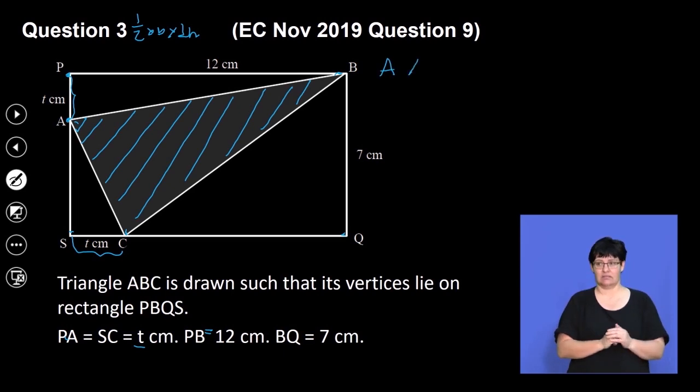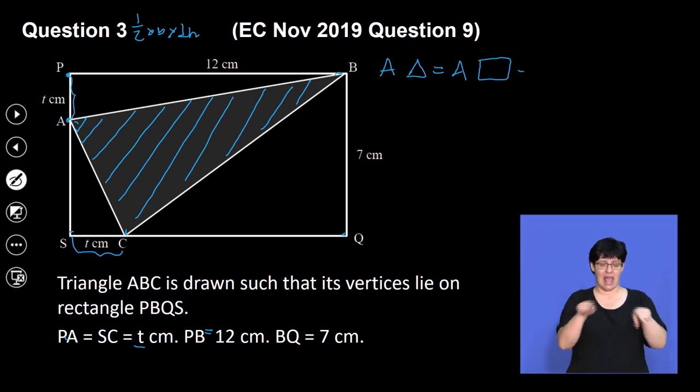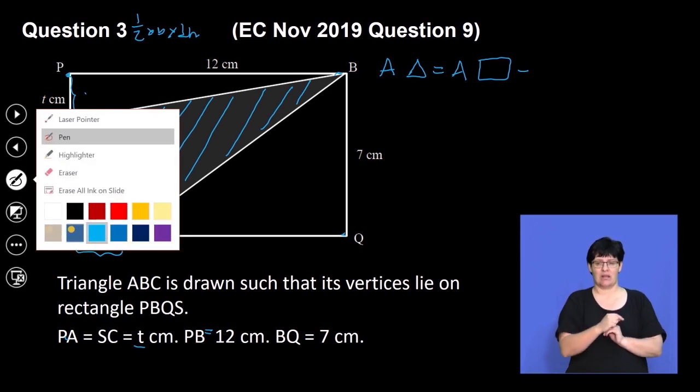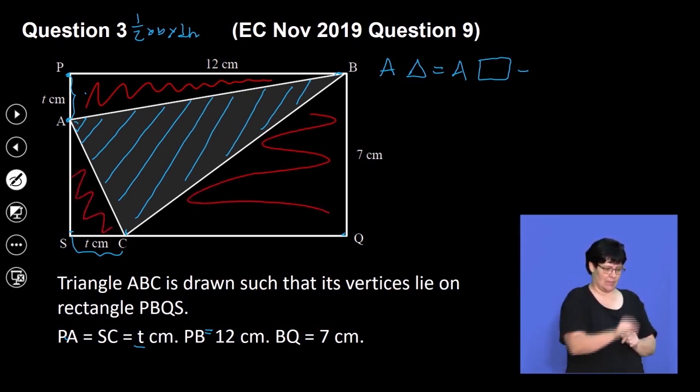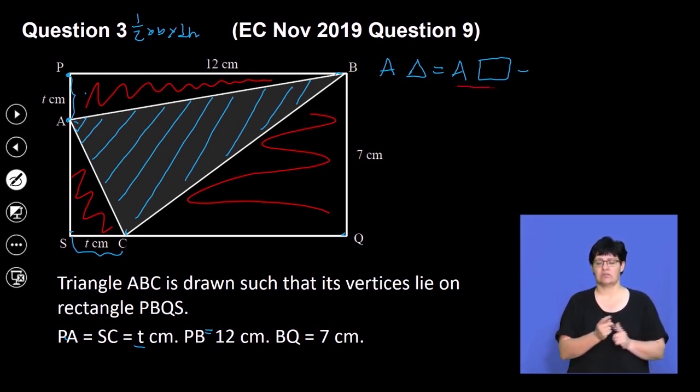The area of the triangle is going to be the area of the rectangle minus the areas of the three smaller triangles that we can see. So this one over here, this one over here, and that one over there. And luckily, those are all right-angled triangles, so we're going to be able to use our triangle formula quite easily to find the area of all of those three triangles. So it's going to be the area of the rectangle minus the three areas of the smaller triangles.